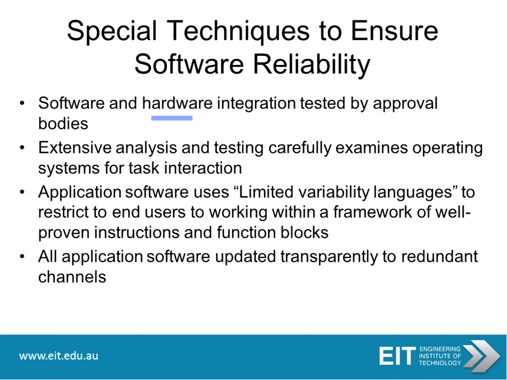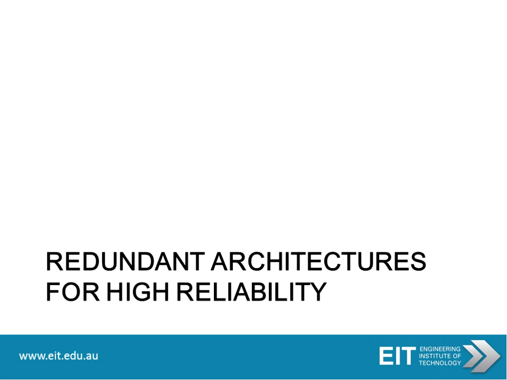Now the software and hardware integration is tested by these approval bodies, and we've got extensive analysis and testing that carefully examines your operating systems, and you've got application software that uses limited variable languages, and all application software is updated transparently to the redundant channels.